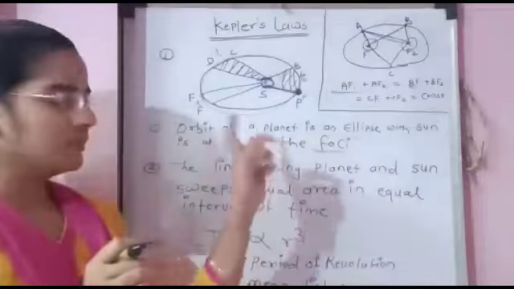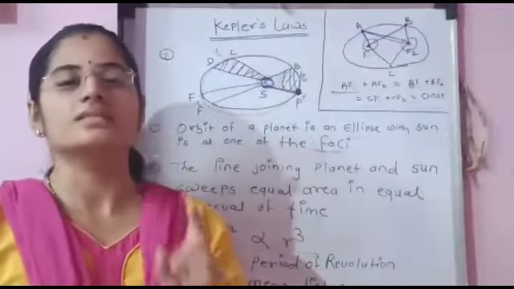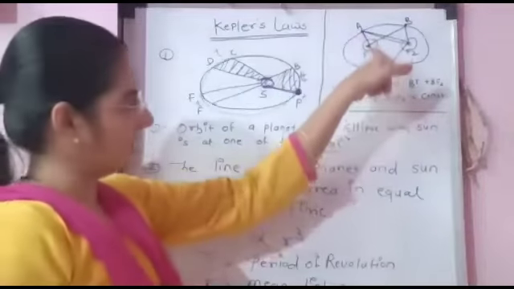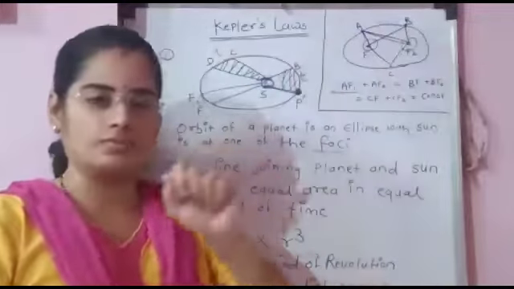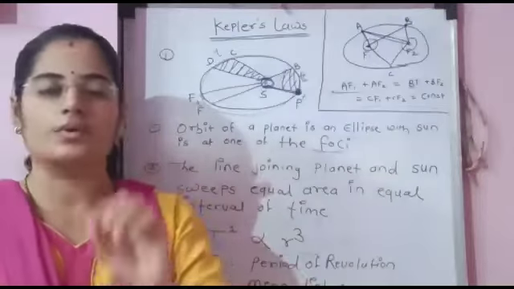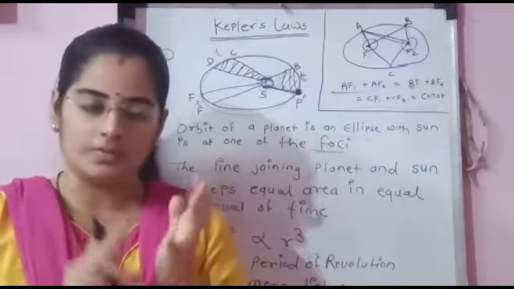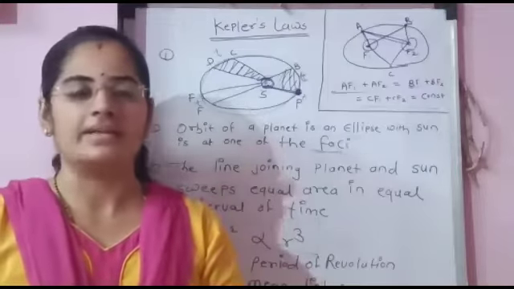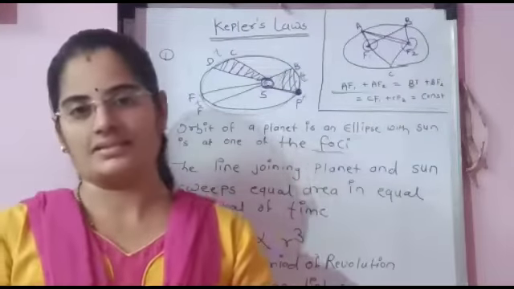The orbit of the planet is an ellipse with the sun at one of the focus points. The sun is present either at this focus point or at this focus point. This is Kepler's first law of planetary motion.